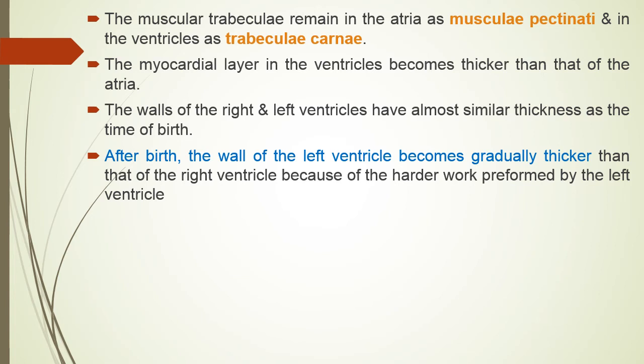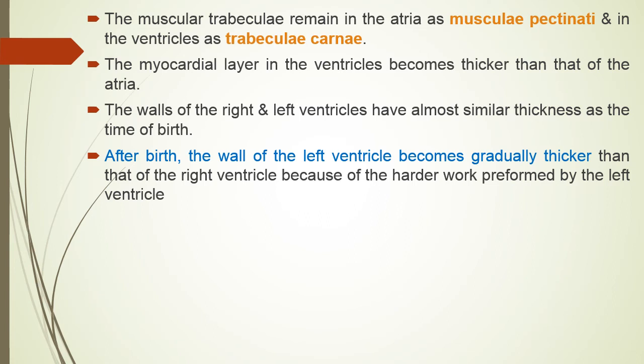The myocardial layer in both ventricles is thicker than that of the atria. The atria have a much thinner wall than the ventricles, and the atria become further thin-walled when the venous structures, like the right horn of the sinus venosus in the right atrium and pulmonary veins in the left atrium, are incorporated. The thickness of their wall decreases.